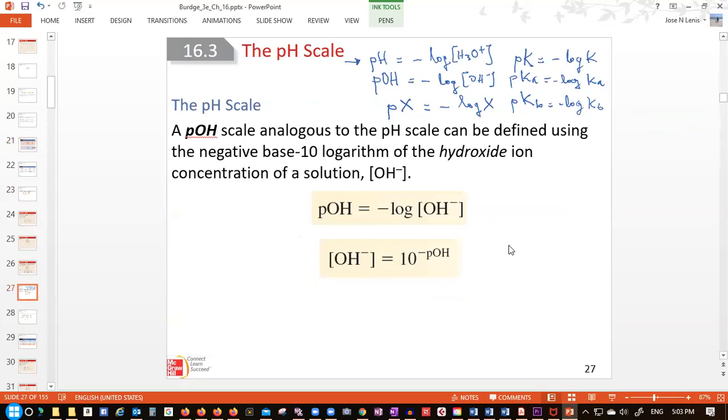So using the same concept applied to the pOH, we find that pOH equals negative log of the concentration of OH minus. Therefore, the concentration of OH minus equals 10 to the negative pOH.